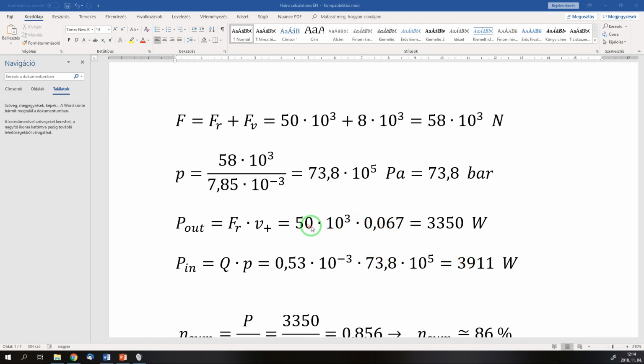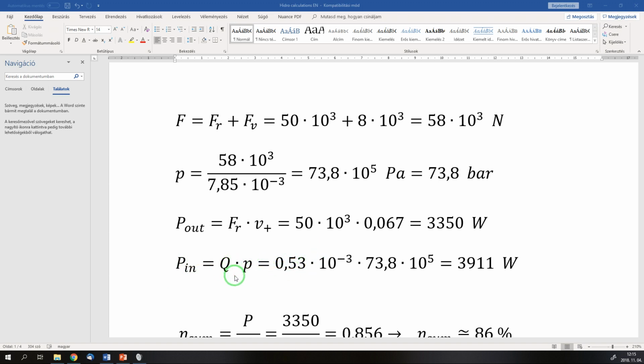Okay, so not 58, because 8 is to overcome friction, times the speed of the piston, which will result in 3350 watts, and we have to push in that much power. Okay, so Q times P, because we are calculating a hydraulic thing. So Q times P is the hydraulic power.